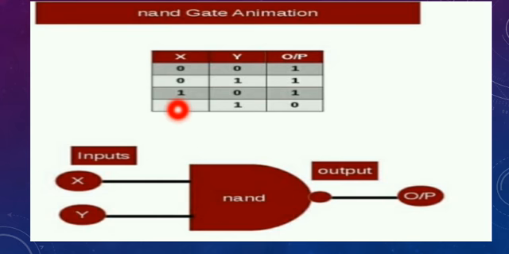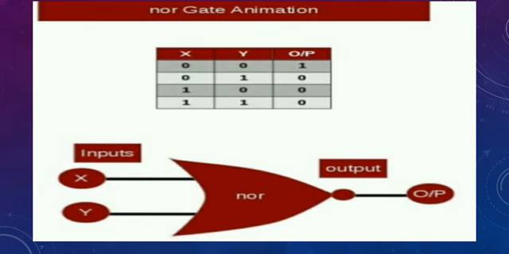If any input is low, it gives the output high. When both inputs are high, the output is low. That is the inversion of the AND gate. The results are the inversion of the AND gate. Okay students, right.